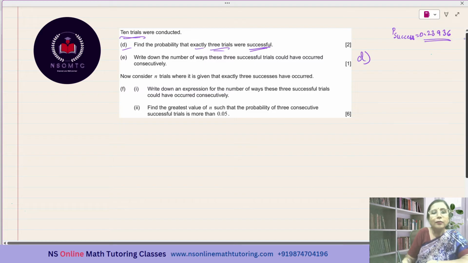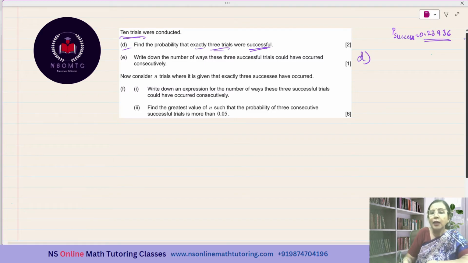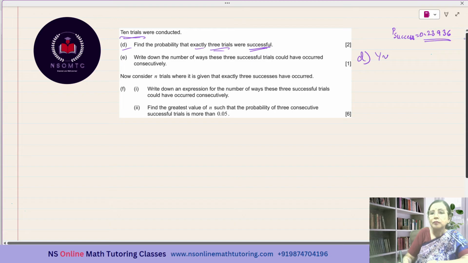Let me take Y as the binomial distribution variable. This time we know the value of n, that is 10, and the probability of success is 0.23936. Okay, and they are asking that exactly 3 trials were successful. So we have to find P of Y equal to 3, and it is containing 2 marks.